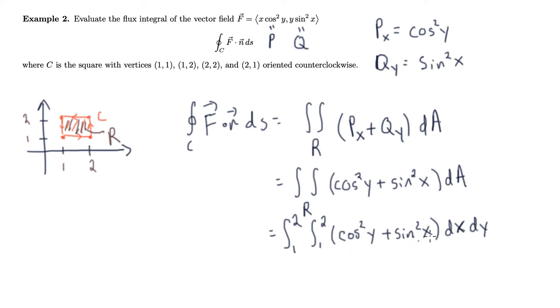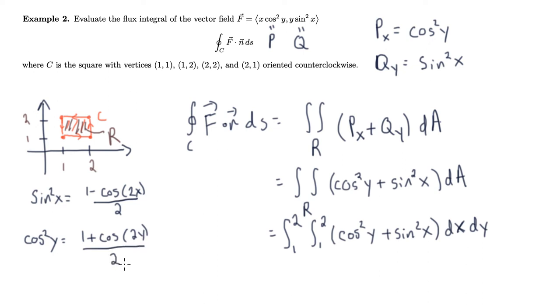Okay, so what's the antiderivative of sine squared of x with respect to x? Well, here's where we're going to want to use our trig identities. This is going to be 1 minus cosine 2x, all divided by 2. And cosine squared, this is really cosine squared of y, is going to be 1 plus cosine 2y, all over 2.